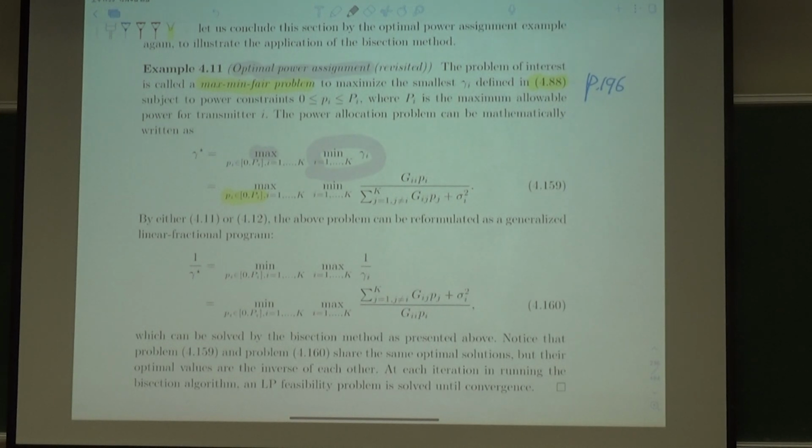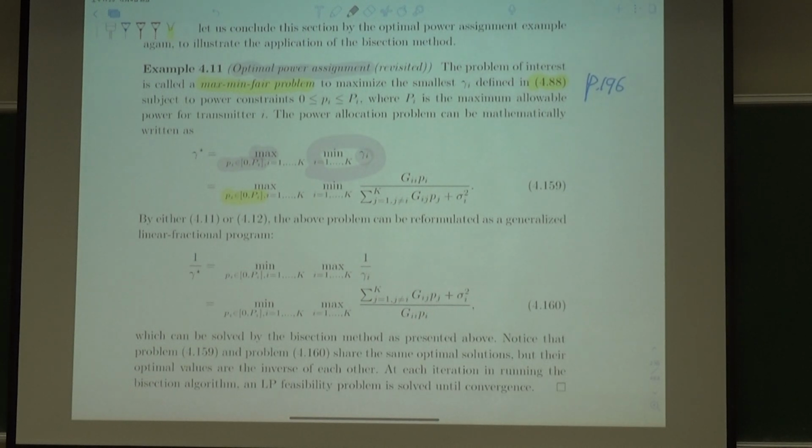Sorry, it's not power. Gamma is the QoS, quality of service, the SLA. 收讯品质要最差的收讯品质要好 maximize. This is the worst case. Under the constraint that power small p_i must be less than or equal to capital P_i, because the power is always limited. So this is the problem we want to solve.